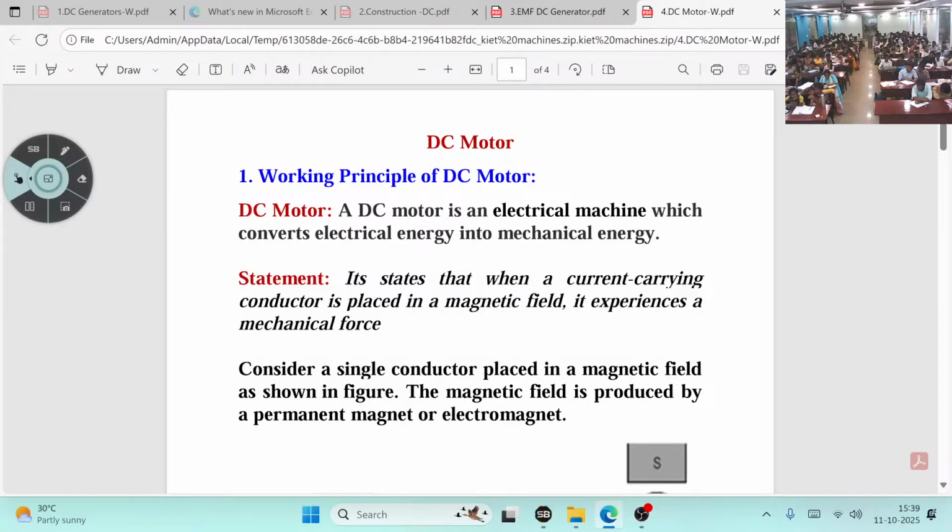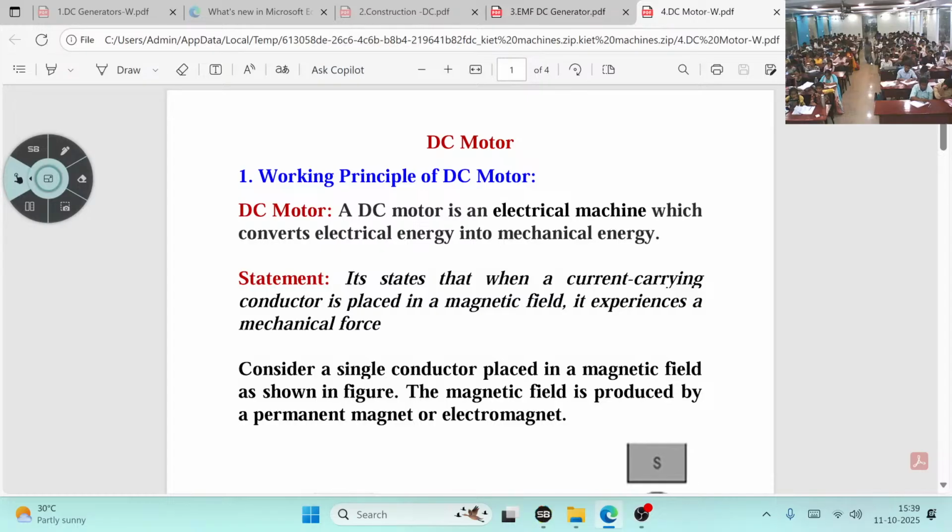Whenever a current carrying conductor is placed in a magnetic field, in a DC motor, we are switching on, so current is passing through the winding. A current carrying conductor placed in a magnetic field, what happens actually? It experiences a mechanical force.